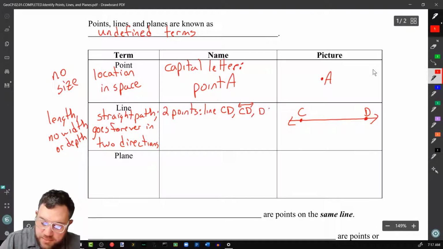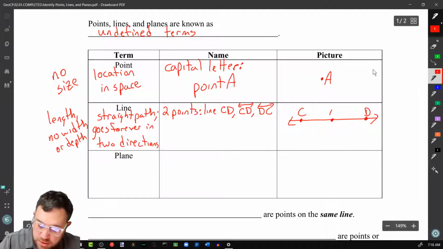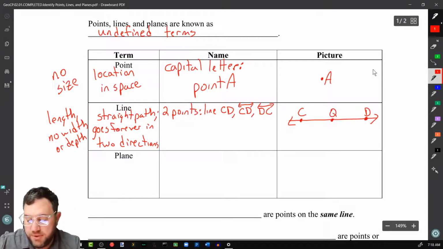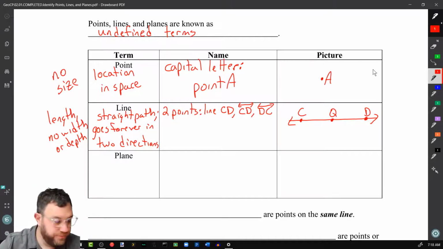We could also put them backwards, so line DC. Now we could use any 2 points on the line to name it, but we only use 2 points. So even if I had point Q in there, I could call this line CD, line DC, line CQ, line QC, line QD, line DQ. All of those would be okay, but we would never call it line CQD. Never use 3 points to name a line.